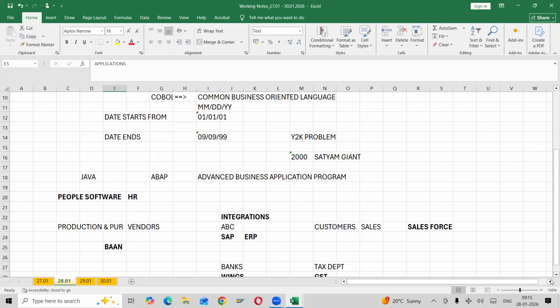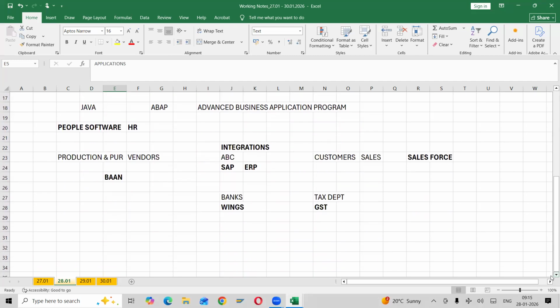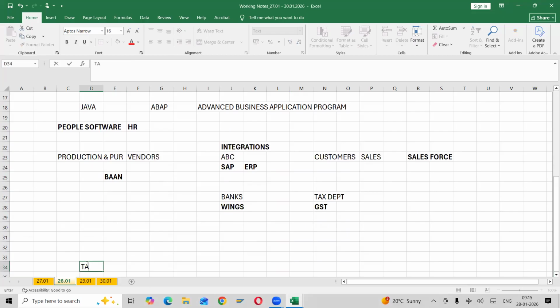So when I say applications, what do you mean by applications here? For example, if I take Tally, the majority know what Tally is. It's an accounting software. Which department does it support? Tally supports which department? Accounts department. Okay.